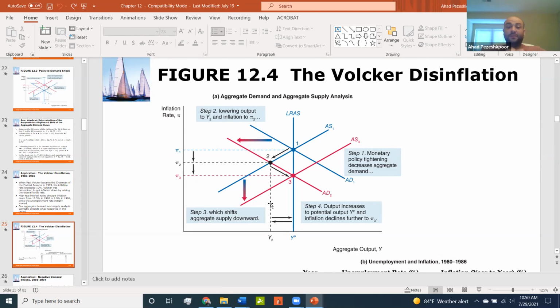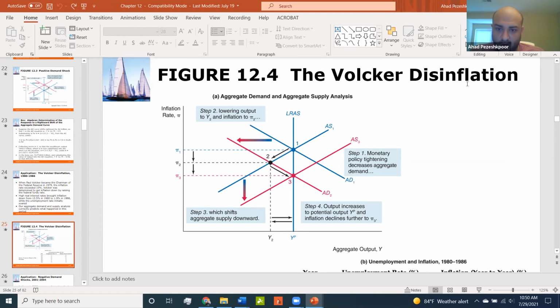So your aggregate supply will respond by going down. And therefore, at point 4, you would arrive back where you started with a lower inflation rate. Output again increases to potential output, and inflation declines further to your pi 3.